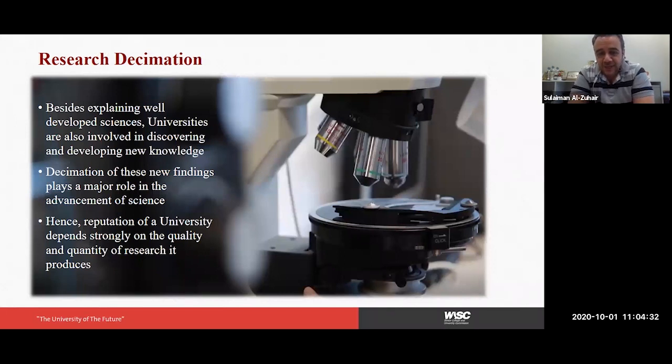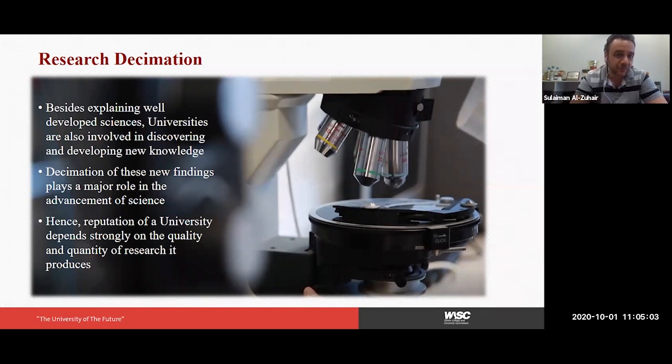Okay, universities are mainly concerned with two things: conveying developed science, and at the same time, they're also involved in discovering and developing new knowledge. Now, the level of challenge of conveying already developed knowledge is much less compared to what it requires from a researcher to develop his or her own knowledge.